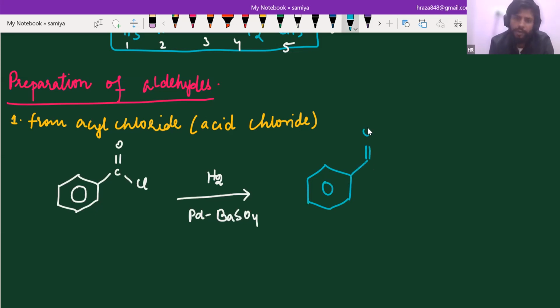So this will be C double bond O and H, so this becomes an aldehyde now, benzaldehyde. This is how we can prepare aldehyde from acyl chloride. It will be hydrogenated, that means hydrogen will be added at the place of chlorine. Please do write.